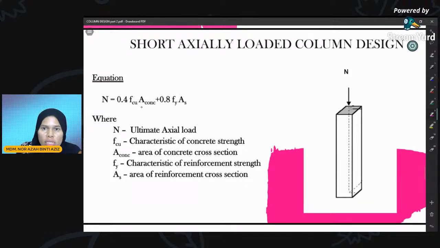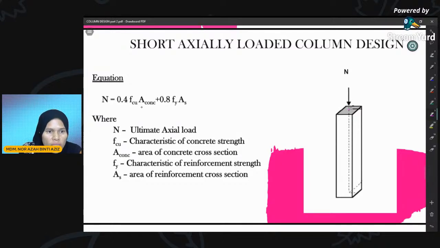Here we have short axially loaded column design. We will focus on designing short columns. Axially loaded means we apply the load at the centroid of the column cross section.